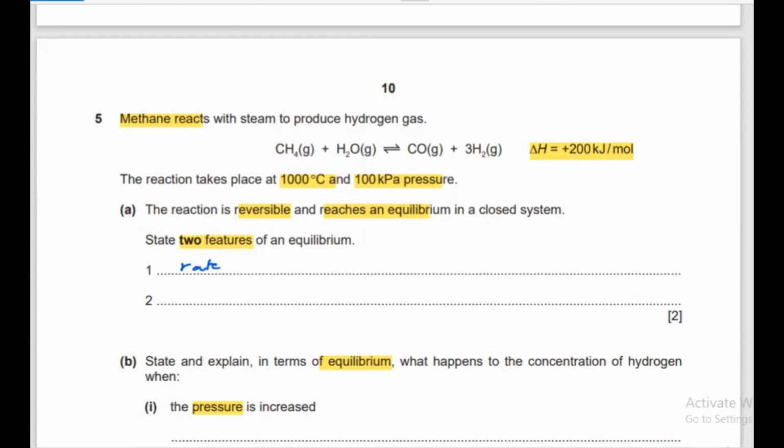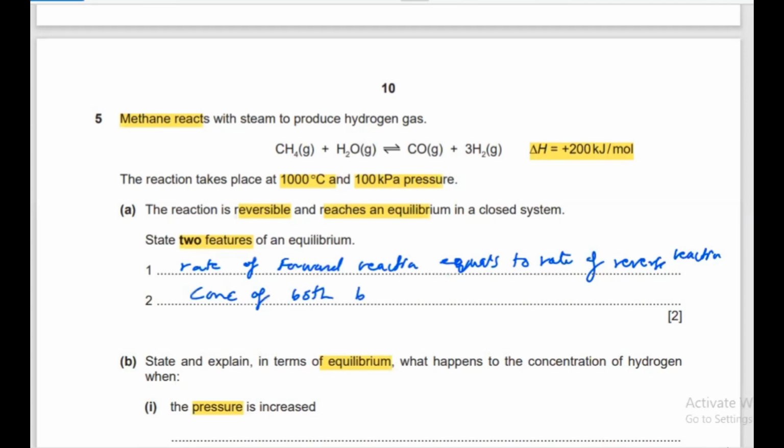So these are the two features: the rate of forward reaction is equal to the rate of reverse reaction, and the concentration of both reactants and products becomes constant.